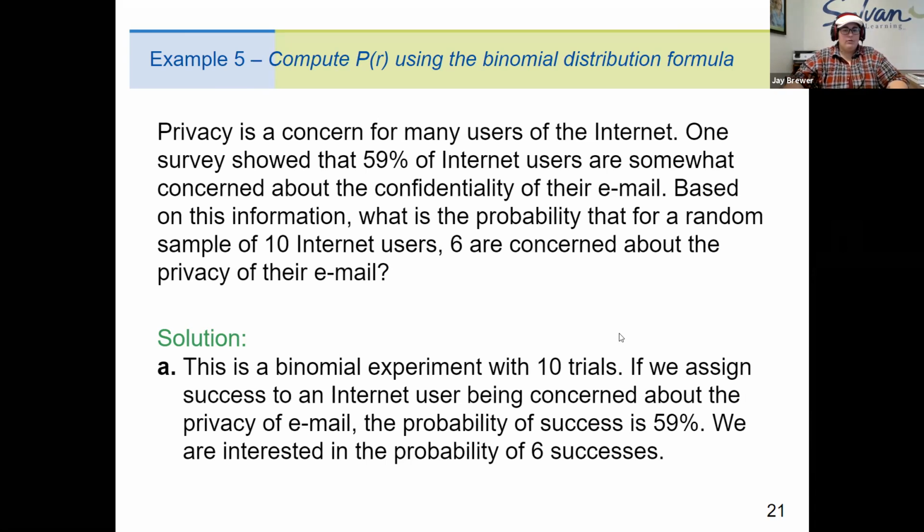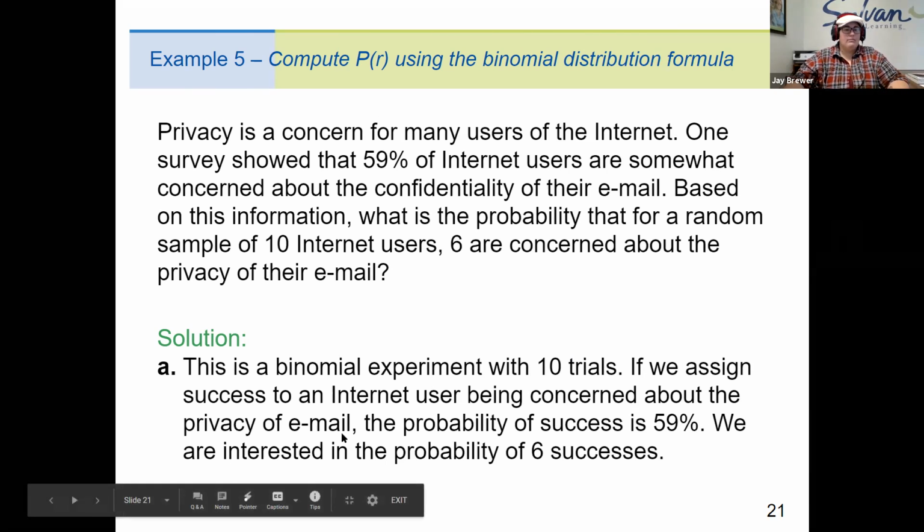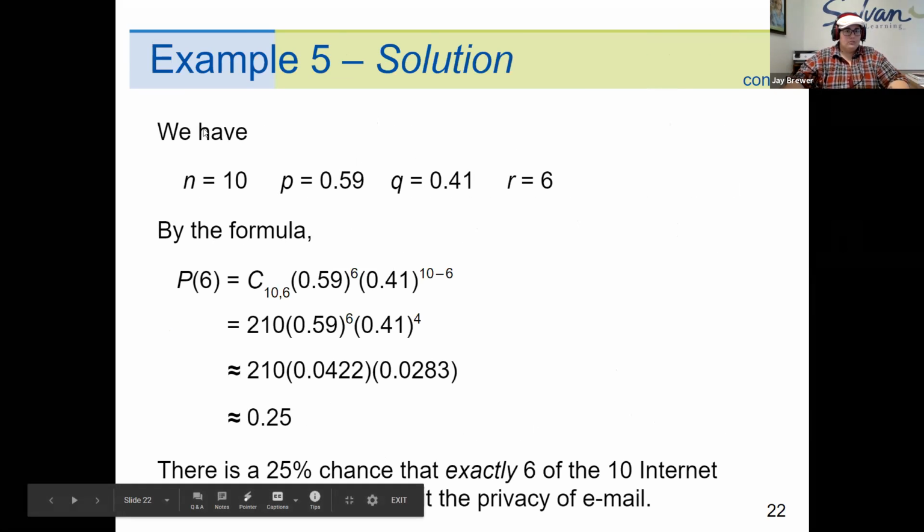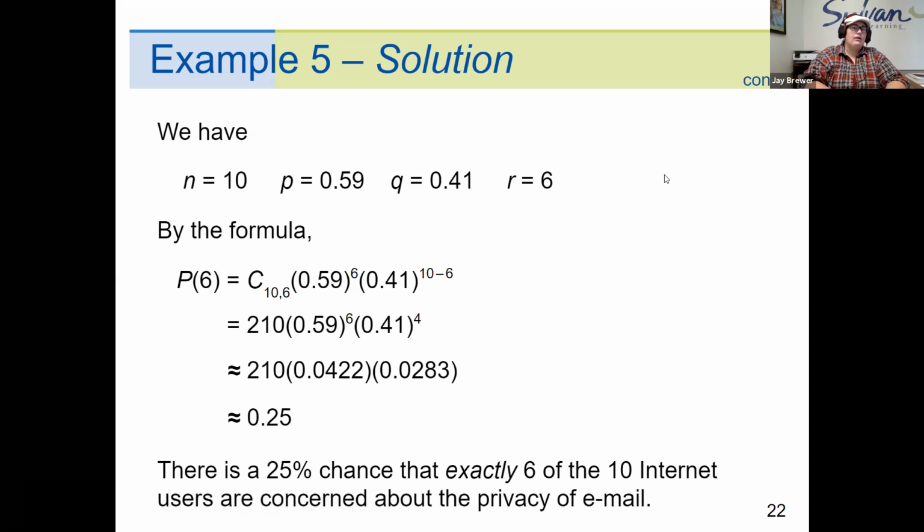This is a binomial experiment with 10 trials. If we assign the success of an internet user being concerned about the privacy of email as 59%, we are interested in the probability of 6 successes. So we have n equal to 10, p equal to 0.59. How did they find their q? I didn't read 41% anywhere, so how did they find their q?